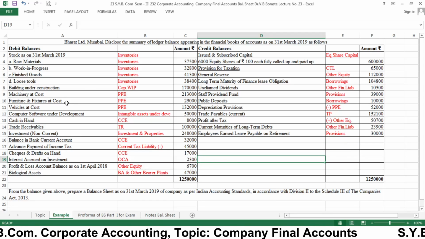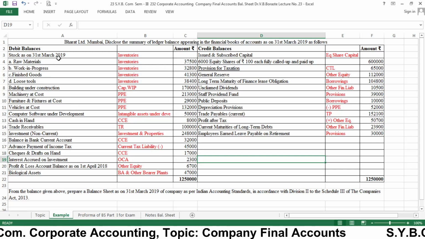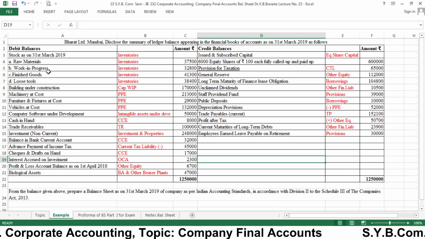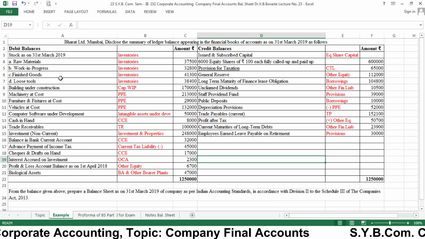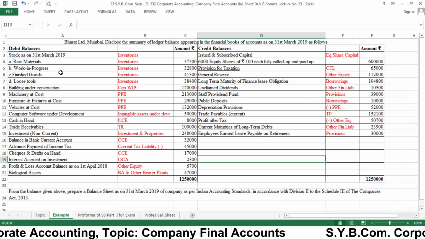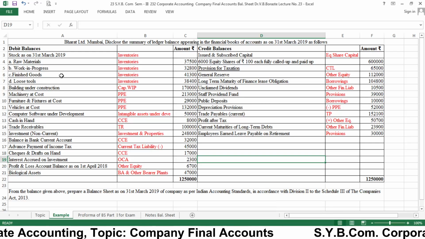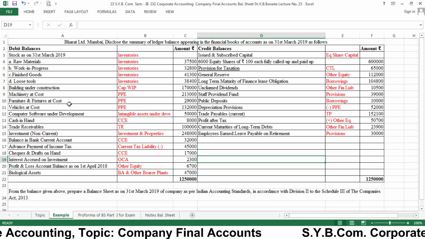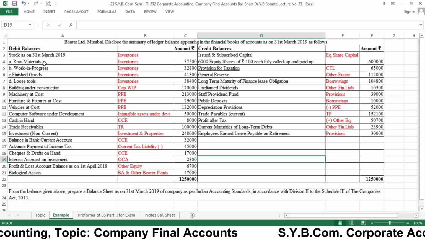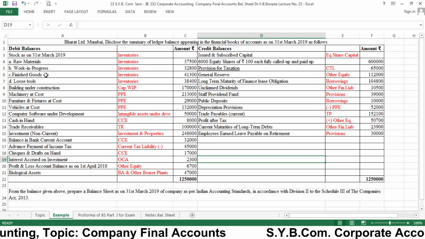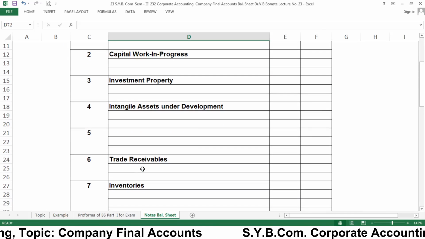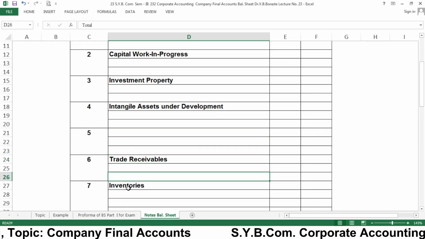As you know the various items, first one is stock, that is opening balances of raw material, work in progress, finished goods and loose tools. It will be recorded under the head inventory. So under the note inventory, we have to write all these assets: raw material, work in progress, finished goods and loose tools. Here I am putting note number 7, that is inventory.